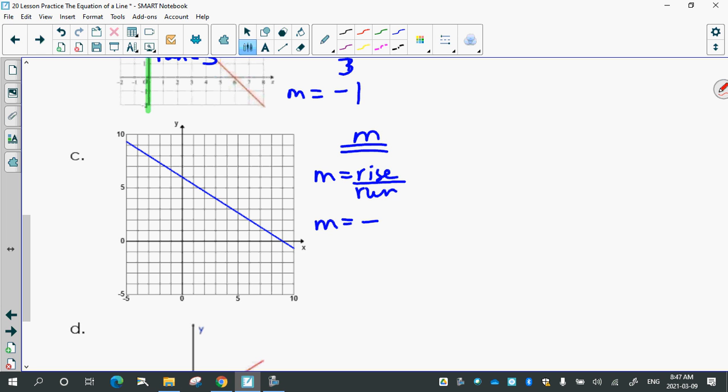So that's a corner, and that's a corner. And you can see my scale is 1's this way and 1's this way by where the 5 is with the 0, okay? So my rise is -2, and my run is +3.